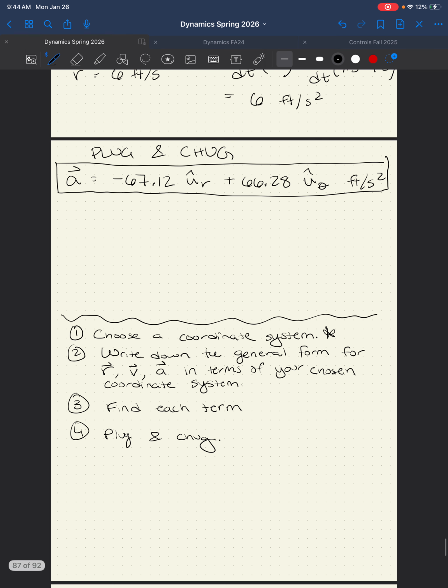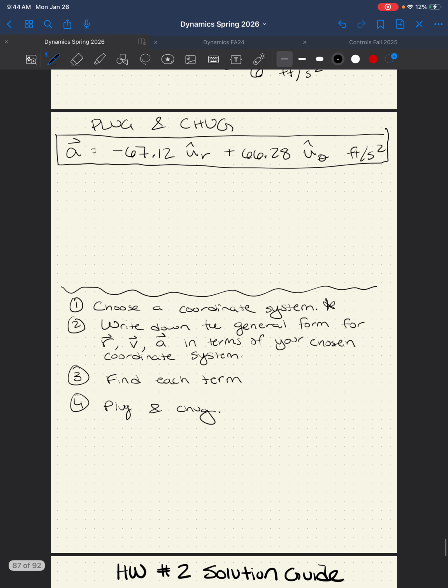Now for normal and tangential, if we were given the time rate of change of speed, that would be v dot. That's something that shows up in the normal and tangential coordinate system. So that would make me start thinking, maybe the nt coordinates are better.